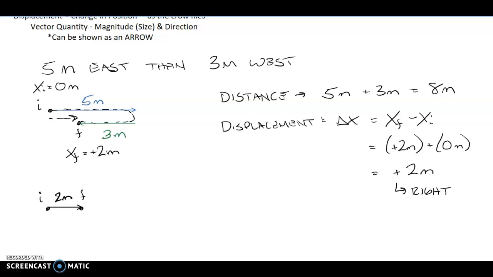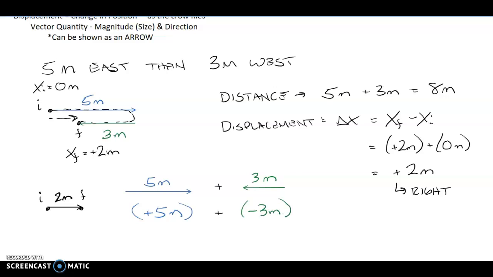And it turns out, mathematically, the blue arrow, my 5 meter arrow, if I add that to my 3 meter arrow to the left, I draw the arrow a little shorter, I can mathematically write them as numbers. 5 meters to the right, I'm going to call positive 5. And 3 meters to the left, I can call -3.